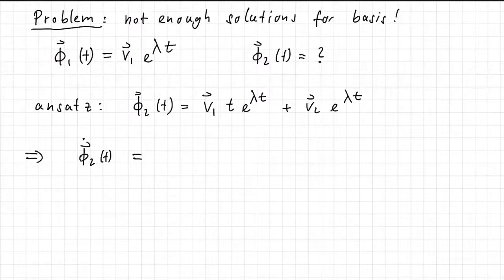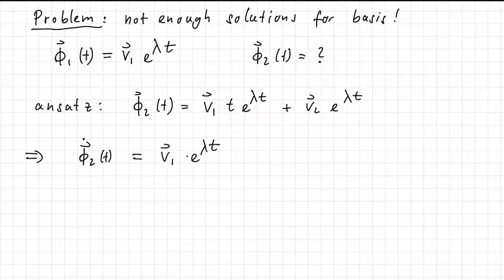In order to do that, we need to see if we can make that ansatz obey the differential equation. So we need to do what we've been doing all this time. We first take a derivative with respect to time. The first term has two factors which depend on t, so we need to use the product rule. And we get v1 times e to the lambda t, because d/dt of t equals 1.